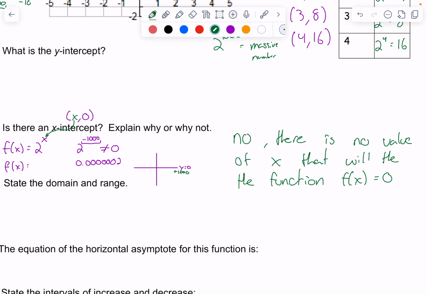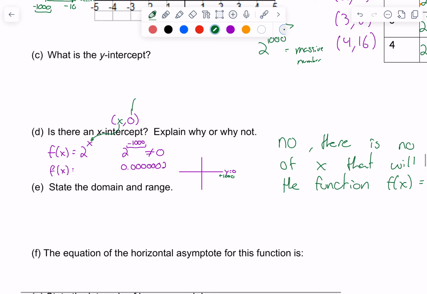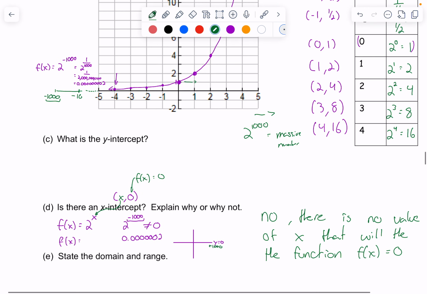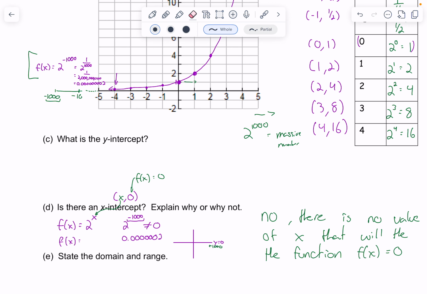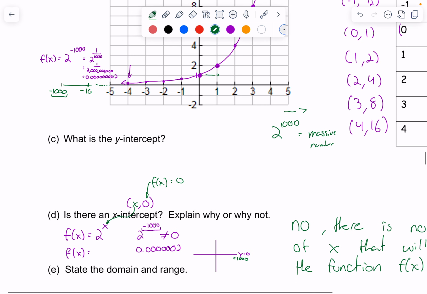You will never have f of x equaling 0. That's what that means, okay? I just wanted to explain that point while I was talking about this and why there are arrows on the graph. Let's go back up to C.